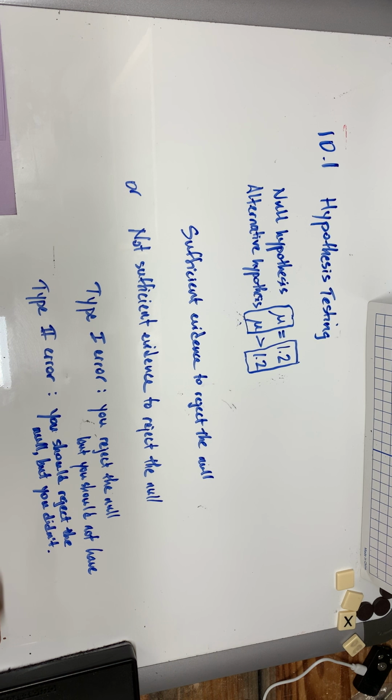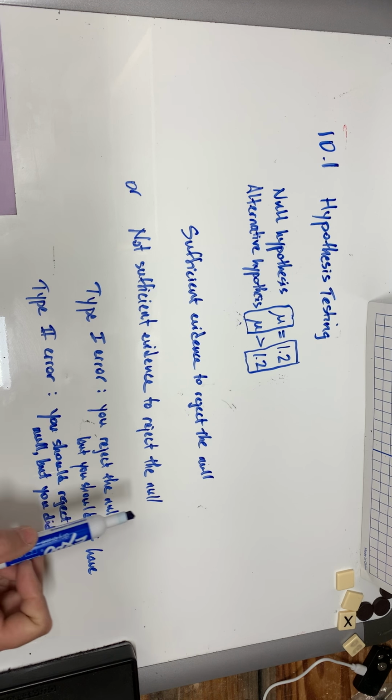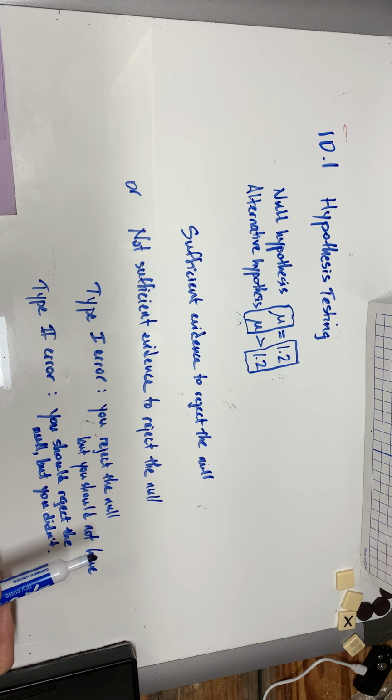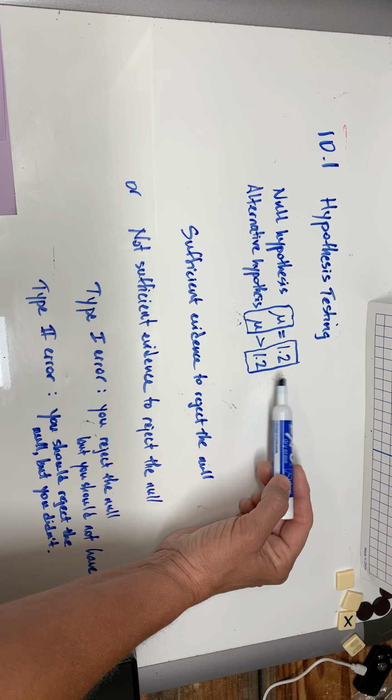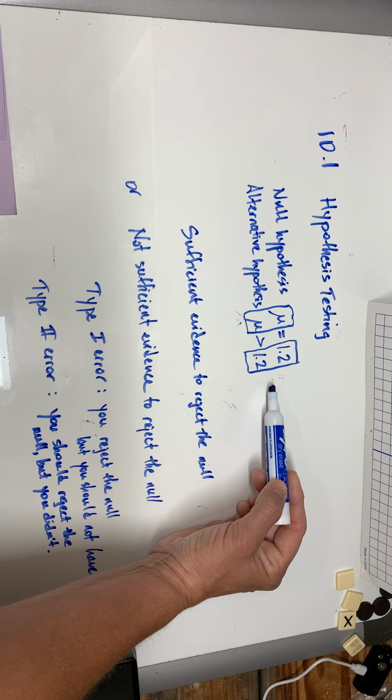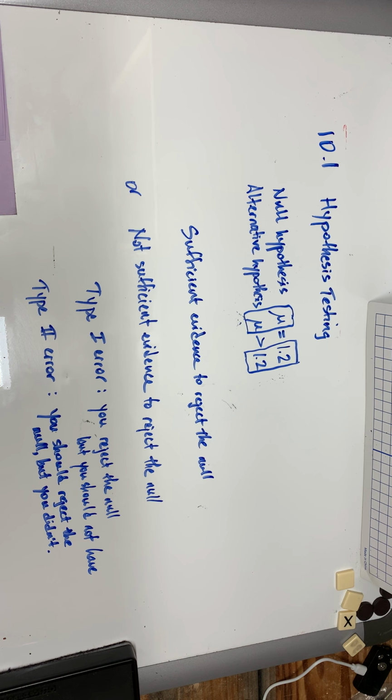One recommendation I would make is, before you read the answers in the homework questions, develop your own words for explaining the type 1 or type 2 error. In other words, if I had this question here about energy drinks, and they said to me, well, what would it mean if you committed a type 1 error?